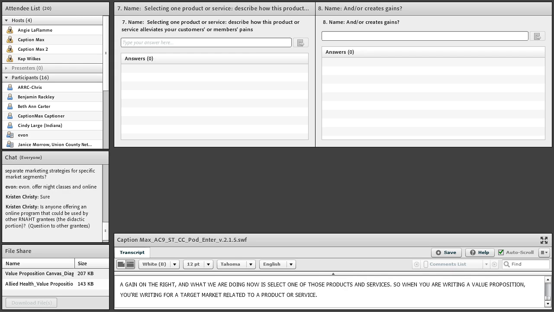And what we're doing now is select one of those products and services. So when you're writing a value proposition, you're writing it for a target market related to a product or service. And now is the work of being very specific and succinct.